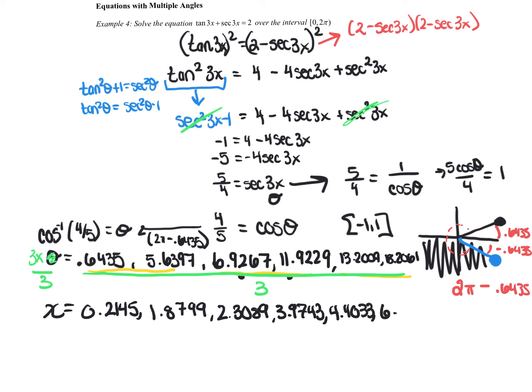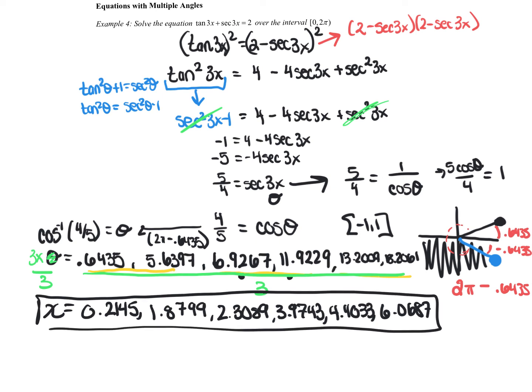Last one, 6.0687. Remember, I had an interval only go to 2 pi, and 2 pi is 6.28, but my last answer is just under 6.28. So it fits inside my restriction, and there are all of my answers.